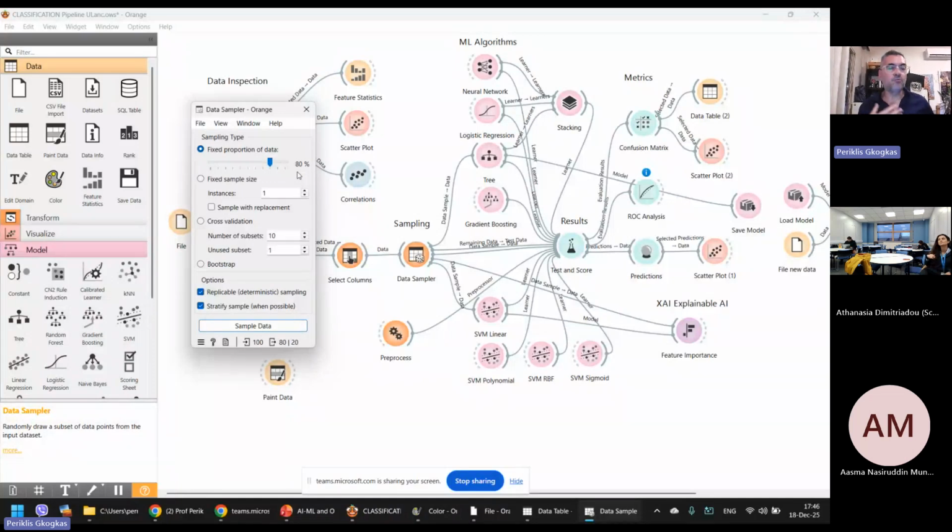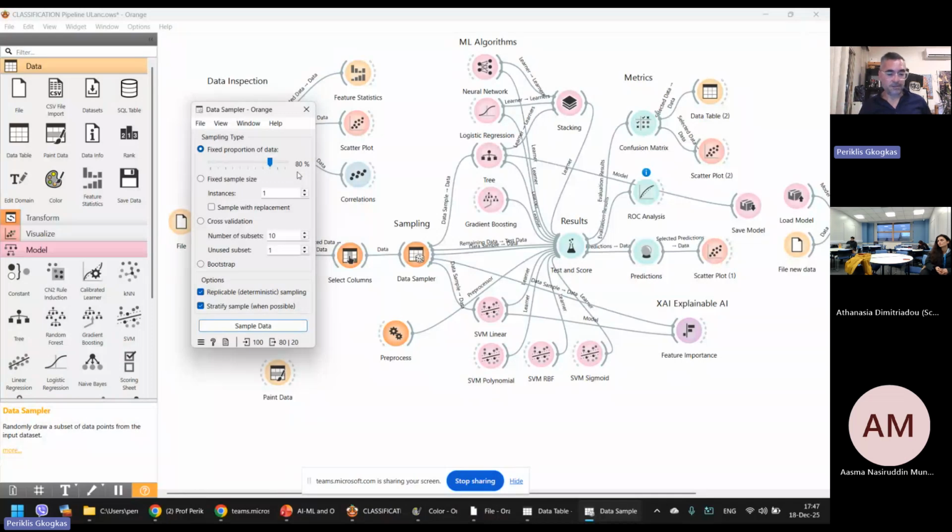Why do we do that? We do that to see how well our trained models are going to perform on this out of sample unknown set, the 20% of the remaining data.